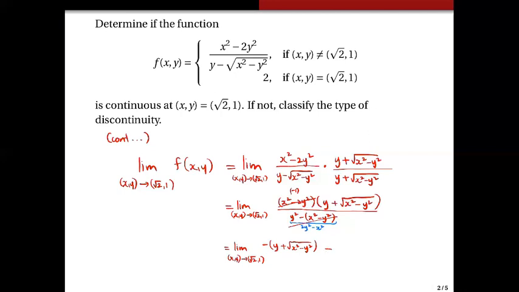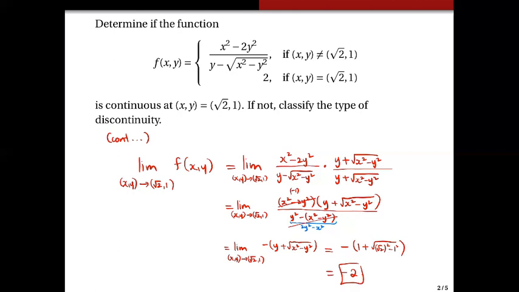And here, we clearly see that this is just negative of 1 plus square root of square root of 2 squared minus 1 squared. So this is equal to -2. So indeed, the limit of the function as the point x y approaches square root of 2 comma 1 is equal to -2.